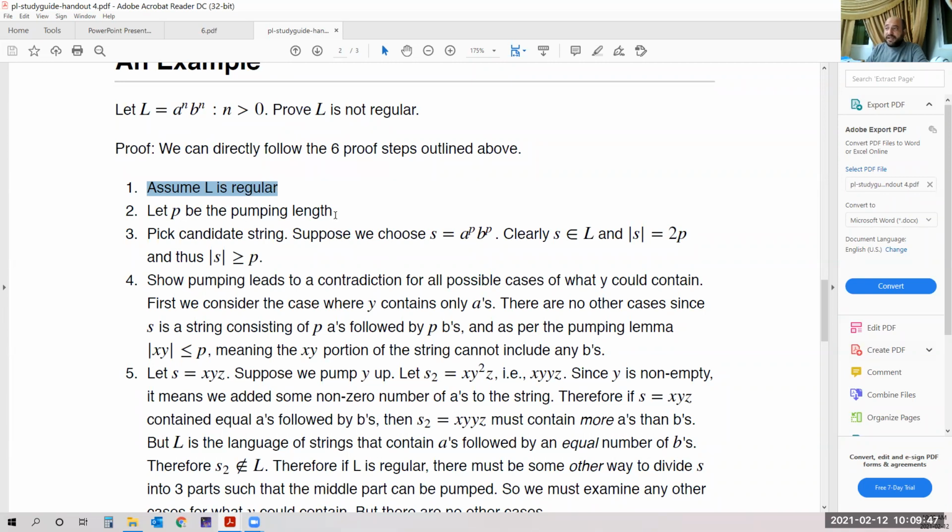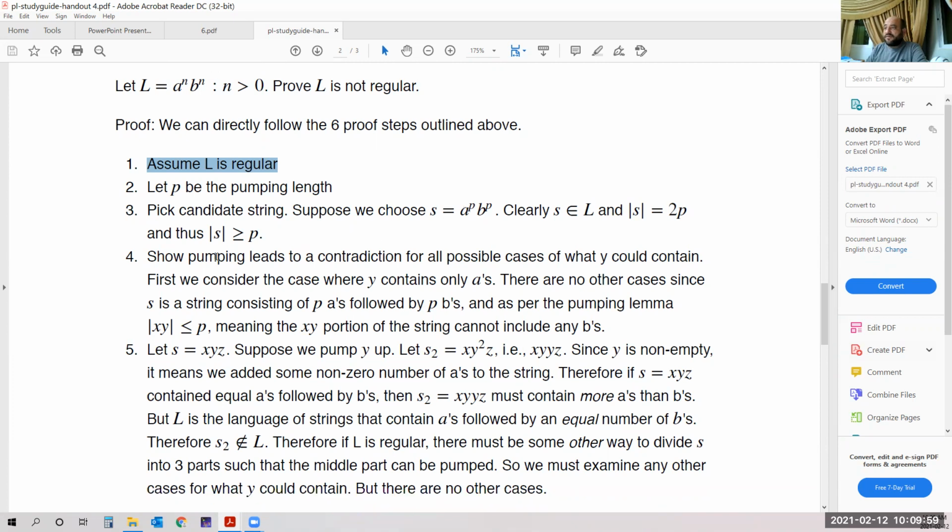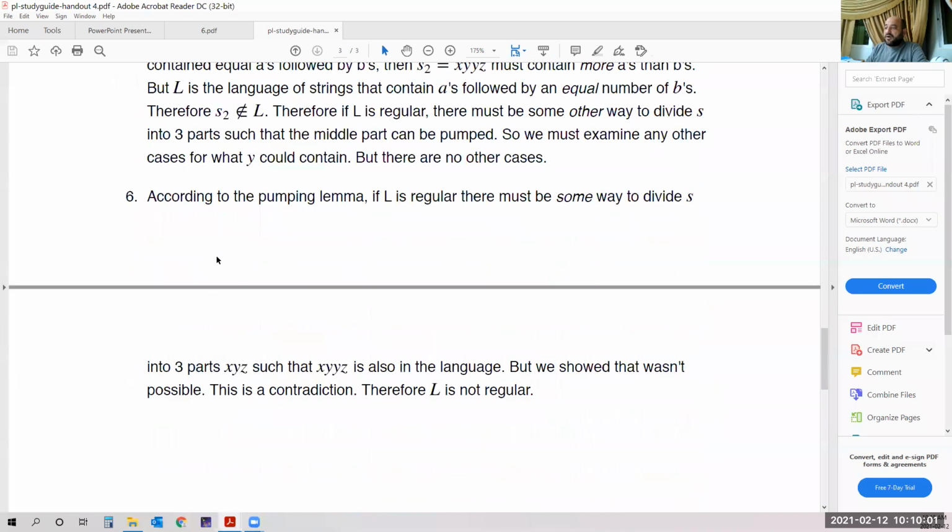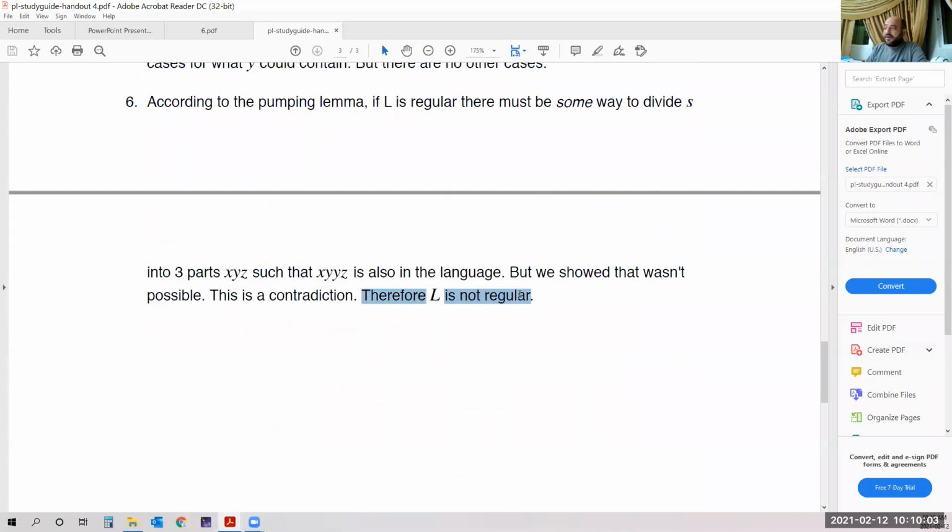Let P be the pumping length, or Q as in the previous question, or whatever you want to call it. Pick a candidate string, suppose we use a^P b^P. Clearly it violates the conditions according to the pumping length, therefore L is not regular.